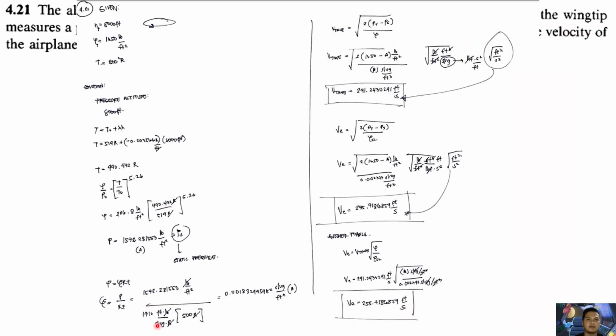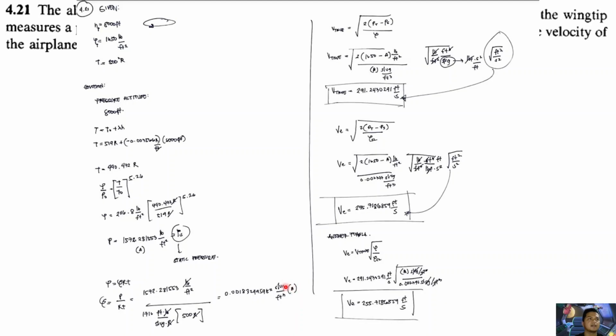So, cancel out the Rankine, cancel out the pounds. We have slug per cubic foot. So, we have density 0.001832495982 slug per cubic foot. I hope you have the same numbers.